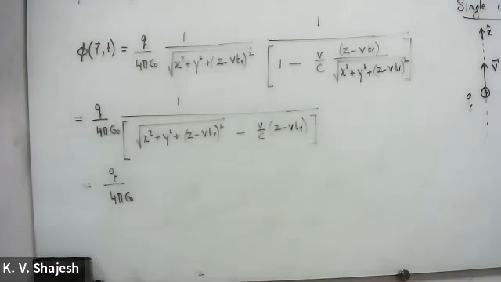So when this is equal to 0, this implies that c times (t minus tR) is equal to 1 over c times the square root of x squared plus y squared plus (z minus vtR) squared. Is that clear?